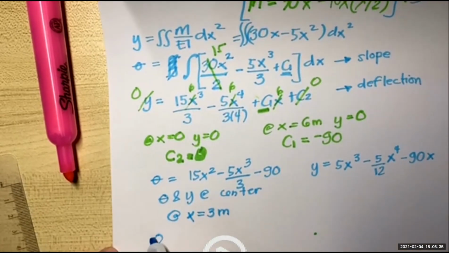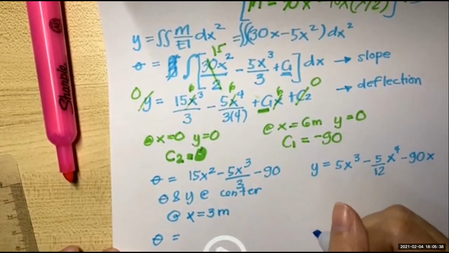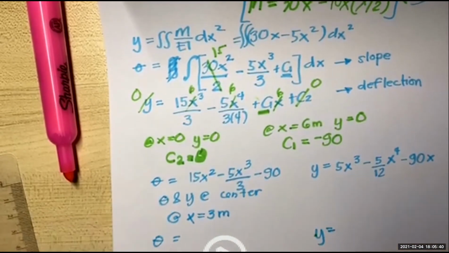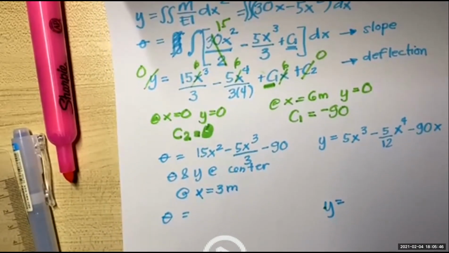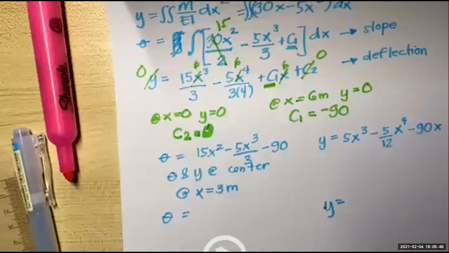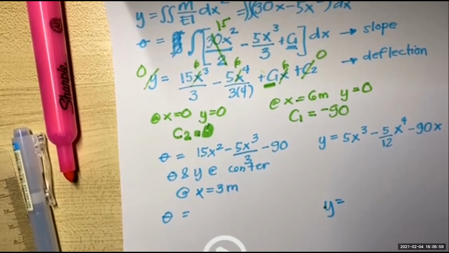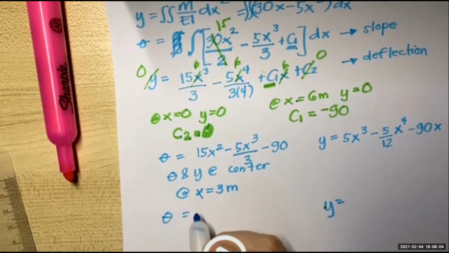So yun, your theta is equal to, paki-substitute, pati yung y, substitute nyo lang yung value nung x, which is 3 meters. Solve natin, 15 times 3 squared. Then, paki-double check, no? Kasi minsan namamali din yung sulat ko or input. Minus 90. So, of course, yung slope nyo is equal to 0. So, tama. 0. Correct. Ang y natin is 5 times x. Sorry.